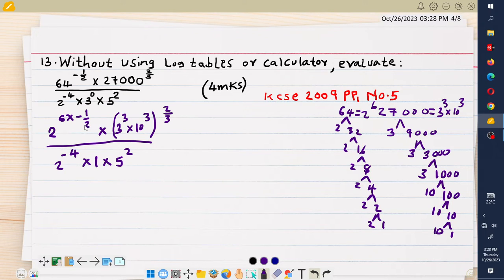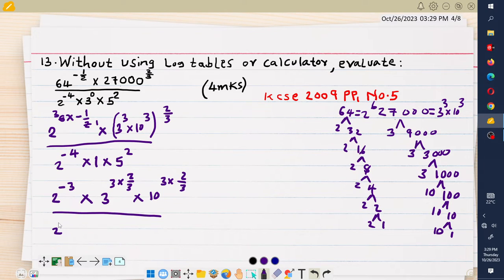Of course, 2 will go into 6, 3 times. 3 multiplied by negative 1, you'll get negative 3. So we'll have 2 to the power of negative 3, then multiplied by 3 power 3, where the 2 over 3 will multiply each of the powers. We also multiply by 10 power 3, which will also be multiplied by 2 over 3. Then the whole thing divided by 2 to the power of negative 4, then multiplied by 1, then multiplied by 5 to the power of 2.